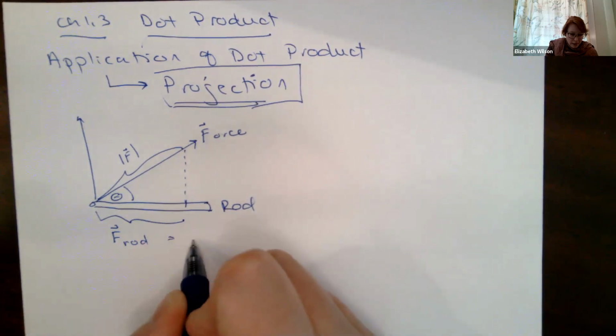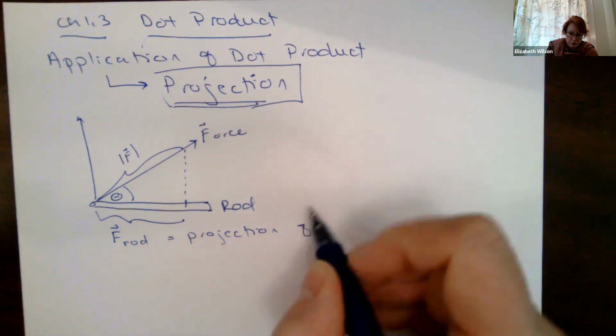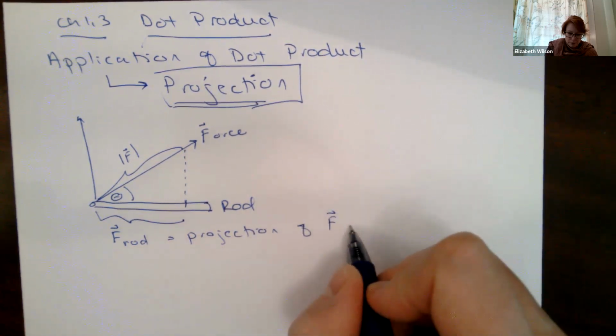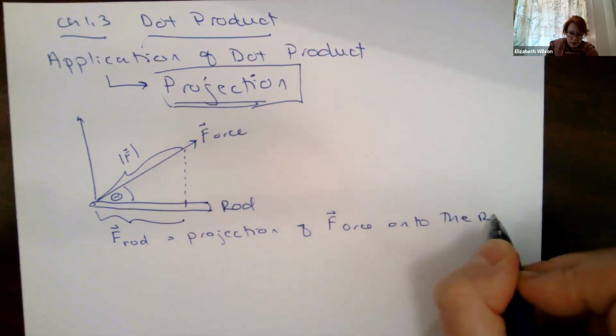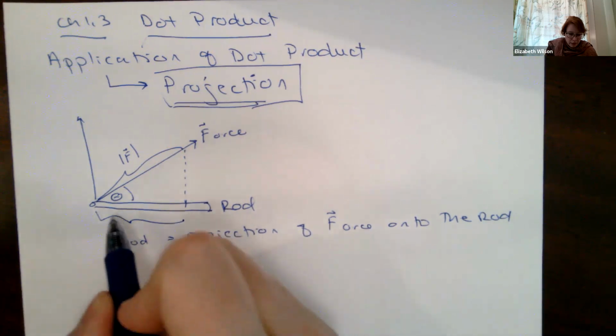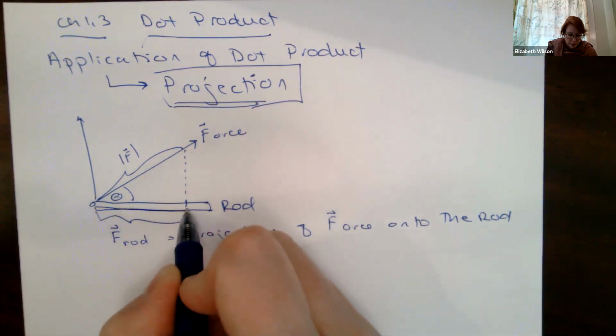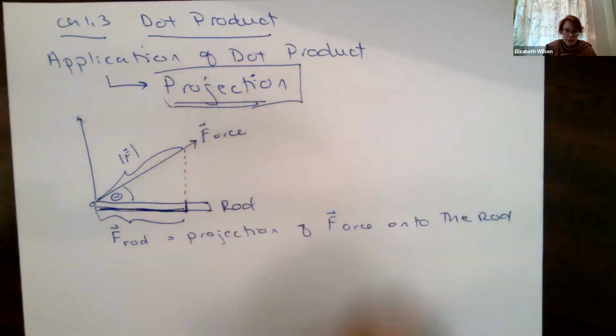And this is actually the projection of the force, the big force, onto the rod. We're going to go through the whole math on it, so this is just to get you to think about it. This portion right there is the projection of this force onto the rod itself.